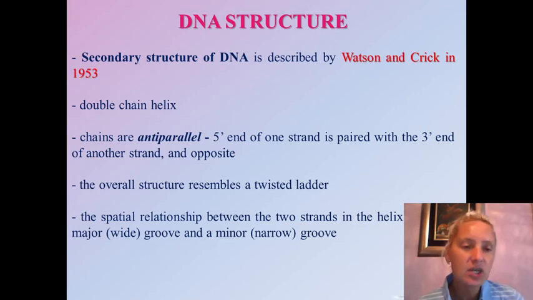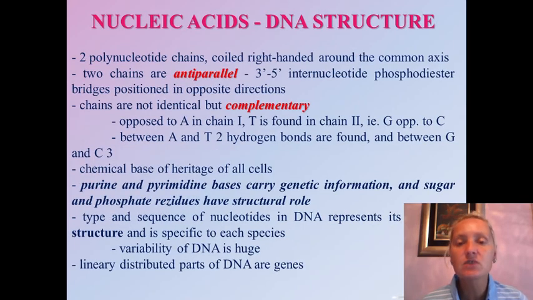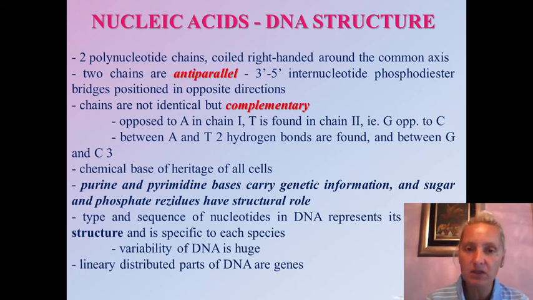And they suggested that the DNA molecule is actually a double chain helix, so that it consists of 2 polynucleotide chains which are coiled right-handed around a common axis. Also, they found that those 2 chains are anti-parallel.